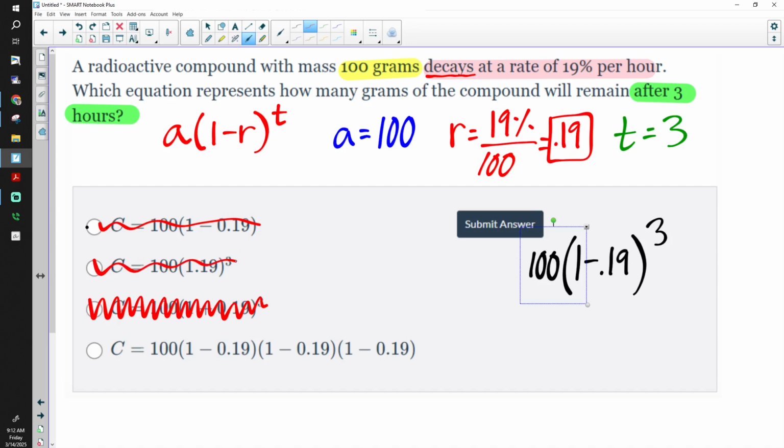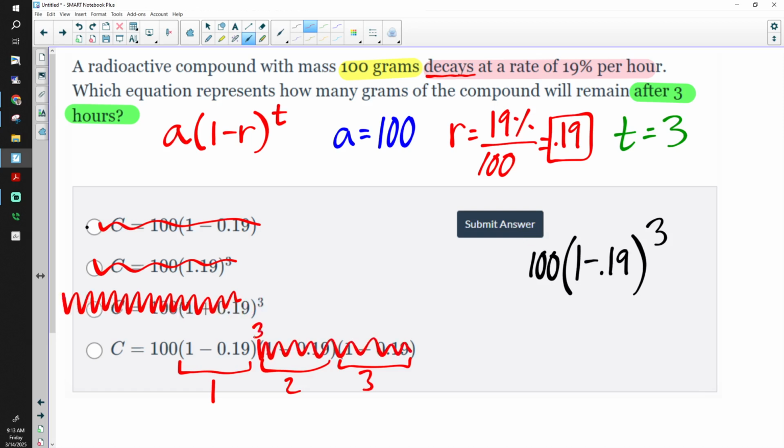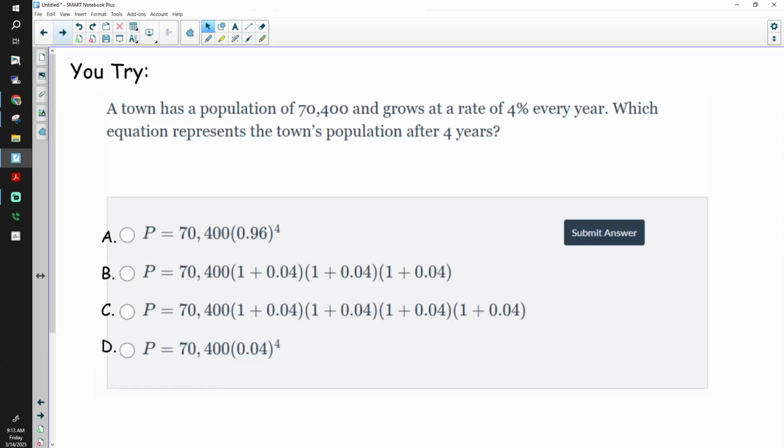You don't see a third power, but we do see 1 minus 0.19 one time, 2 times, 3 times. So that is the same as writing it to the power of 3. So it has to be C. Your turn. Yay, good job.